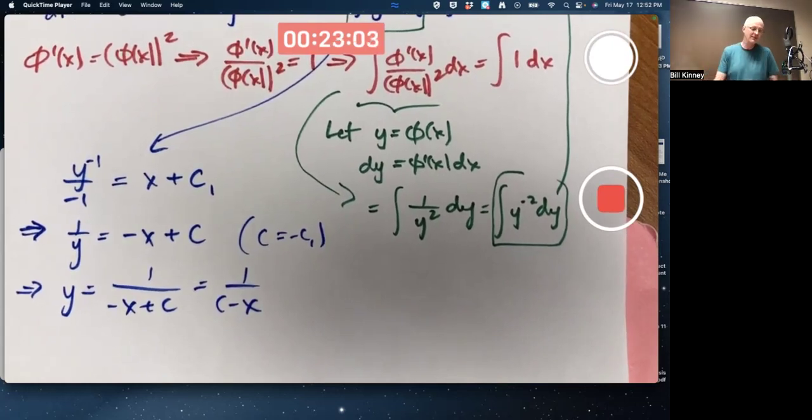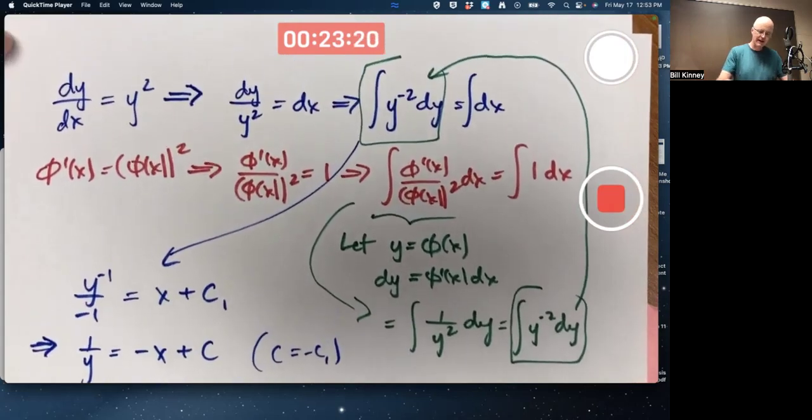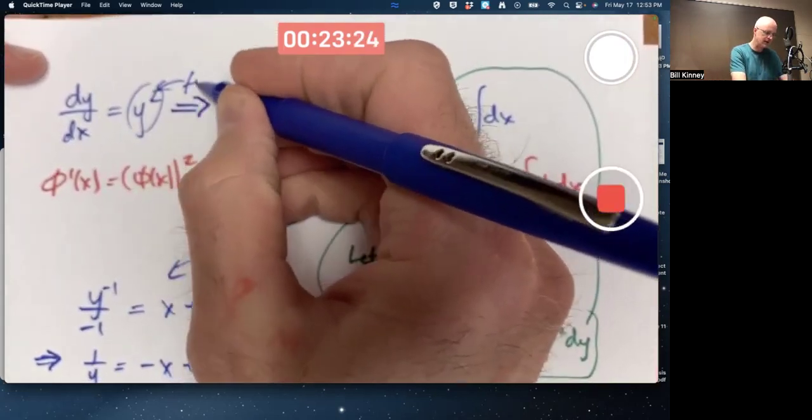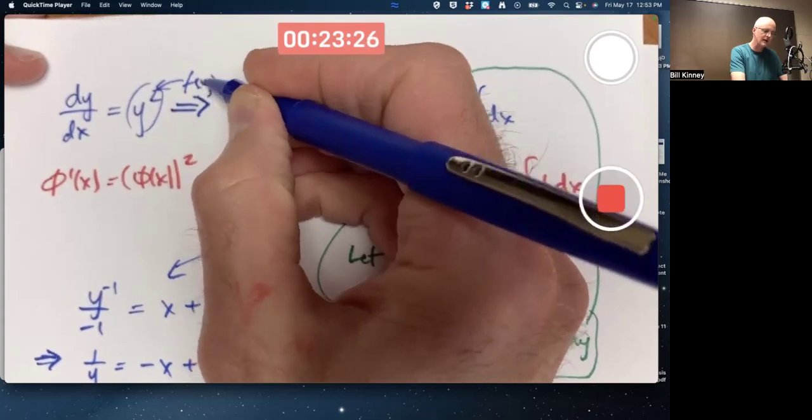And there we have what you could label as a general solution. It is a solution no matter what c is. c is arbitrary. It's not quite ideal because it does miss one solution. Notice this right-hand side function, this f of y function, is 0 when y is 0.